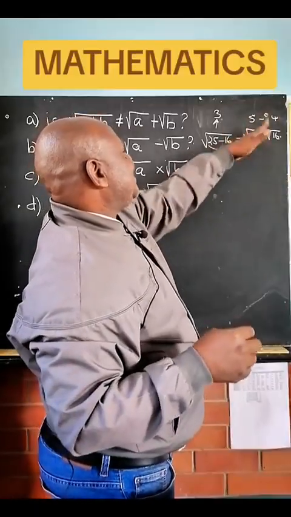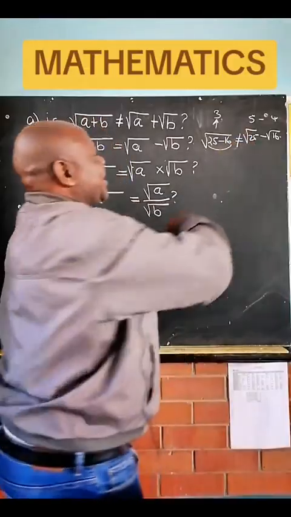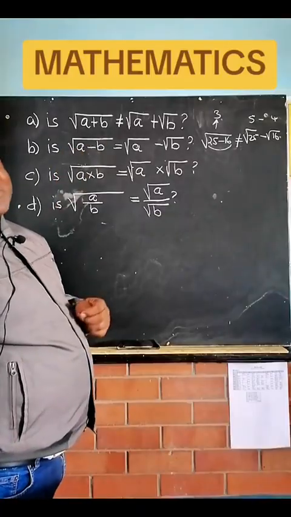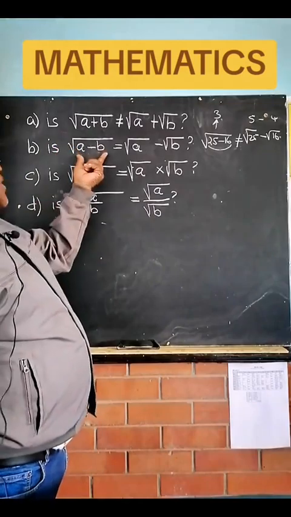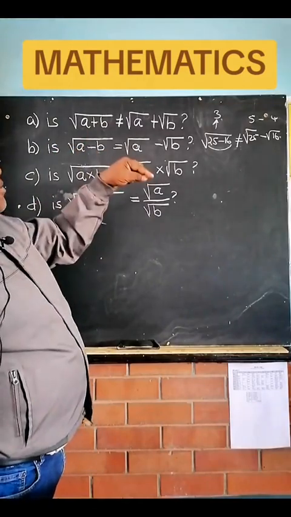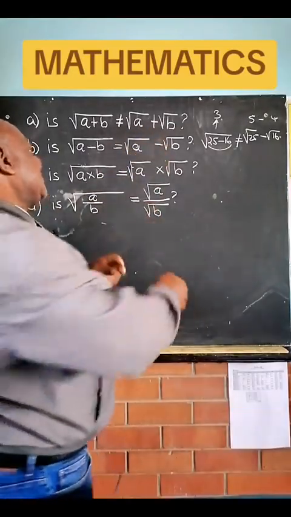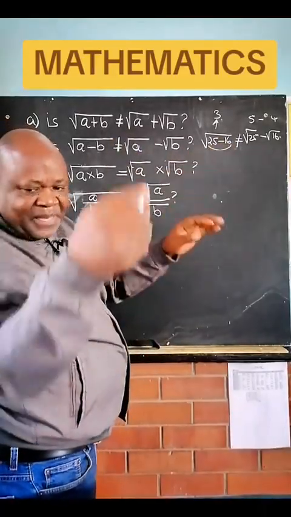So the left-hand side is not the same as the right-hand side. Therefore, we cannot distribute the square root to a difference of two numbers. In other words, the square root of a difference is not equal to the difference of the two square roots. So it's a no, as illustrated by that.